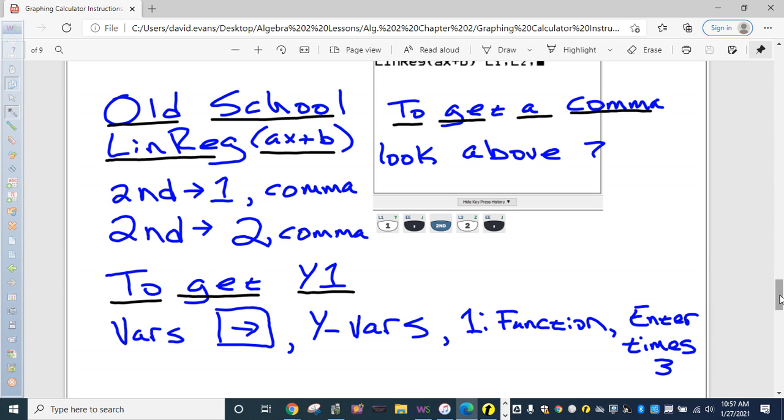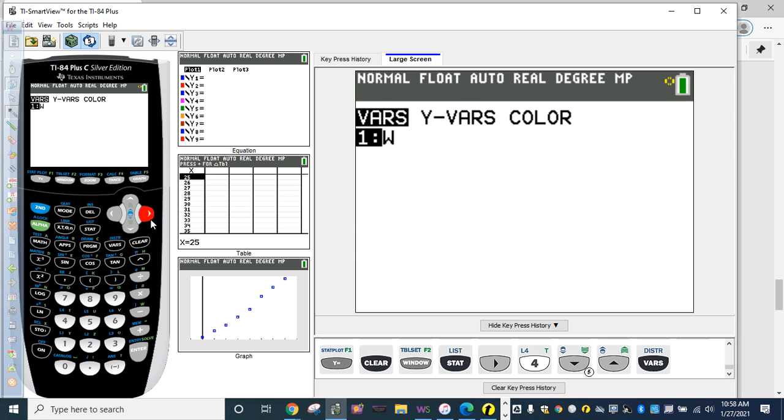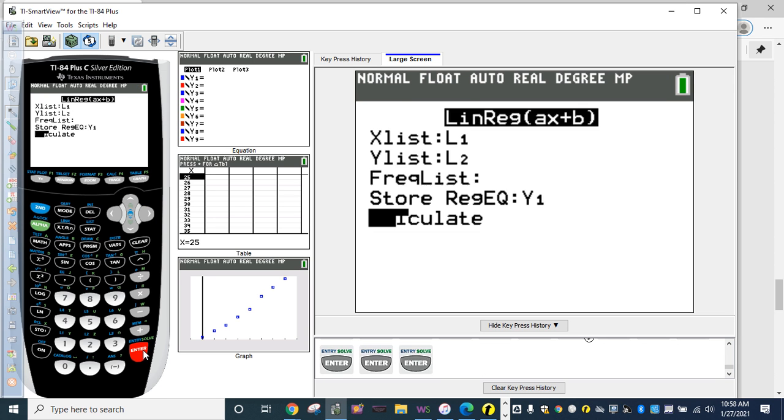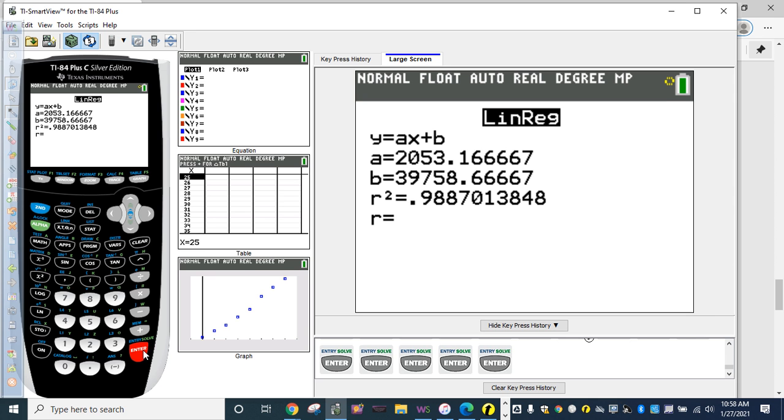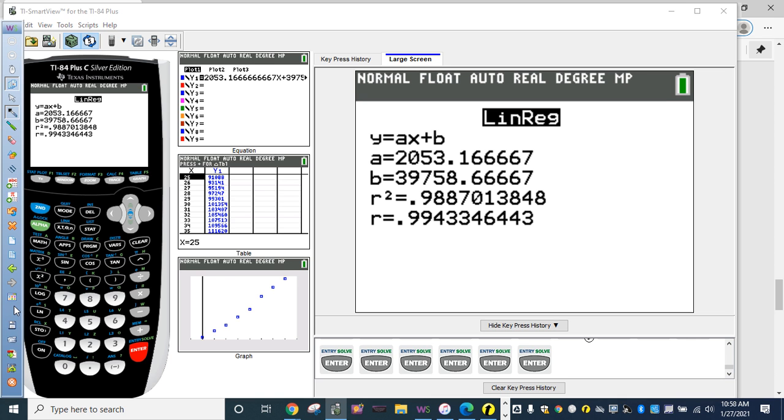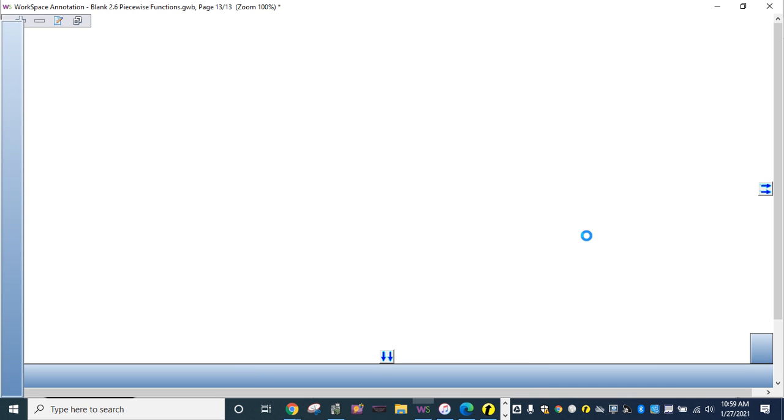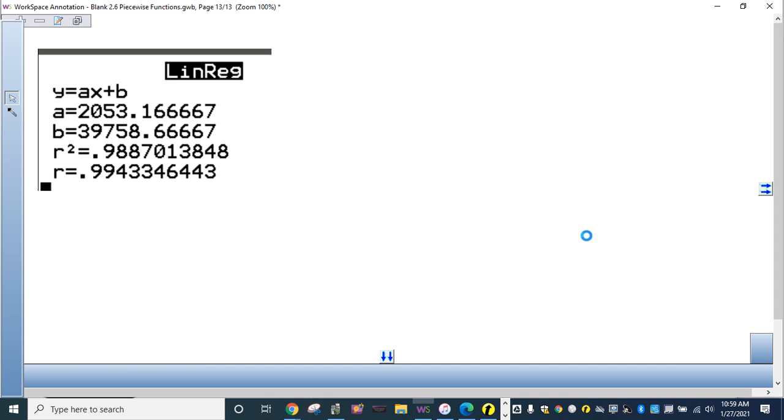Okay. So you hit delete, it deletes what's under the cursor. And then hit enter. Okay, so let me get there real quick. So bars, y bars. There's my equation.